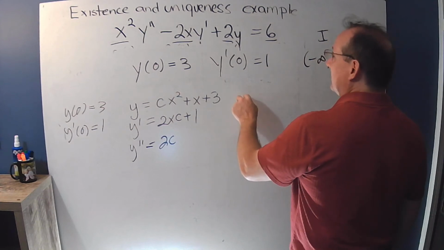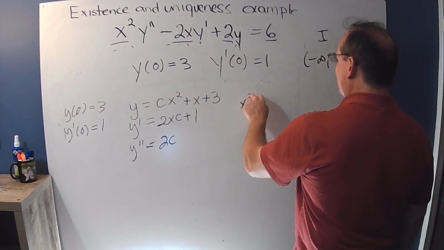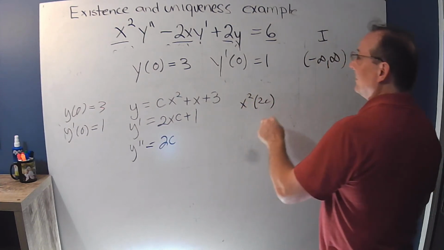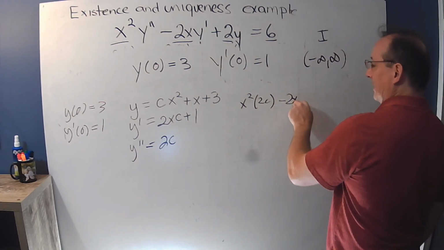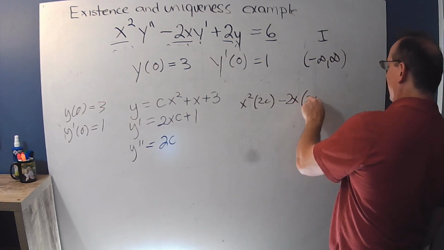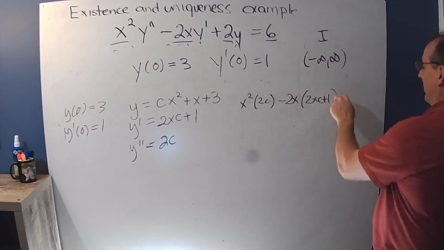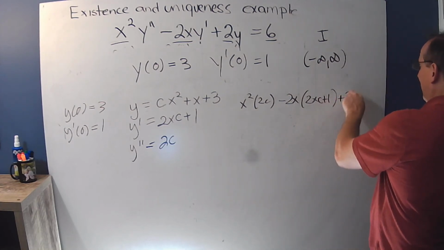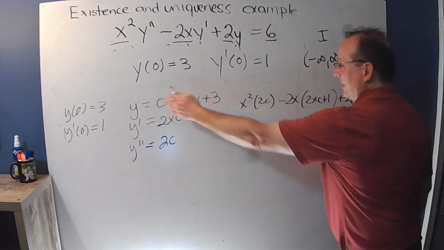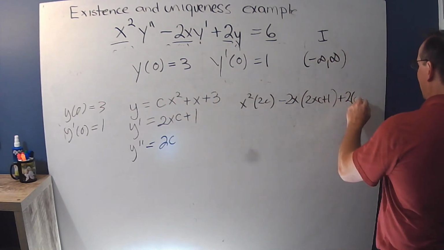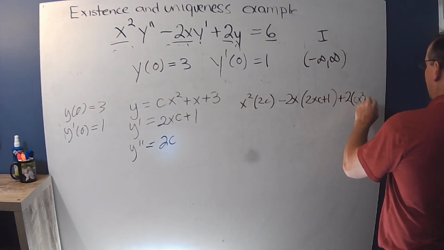So I have x squared times 2c minus 2x times (2xc plus 1), and then plus 2 times (cx squared plus x plus 3).